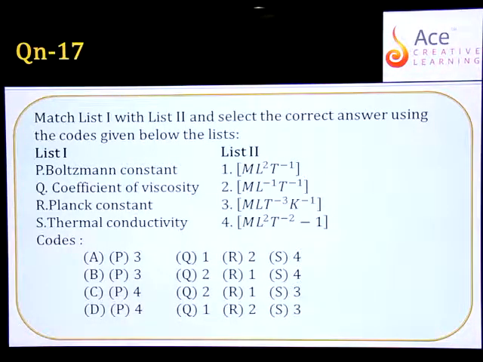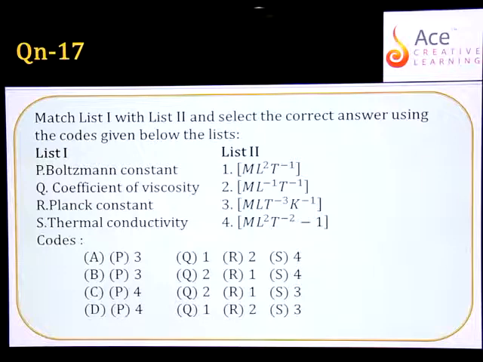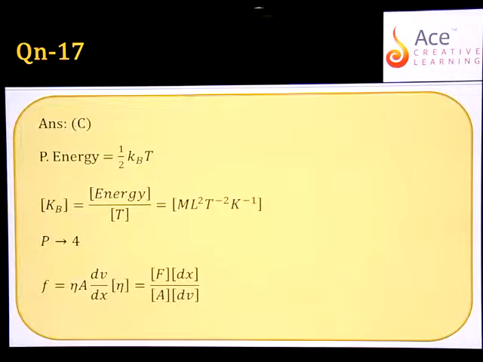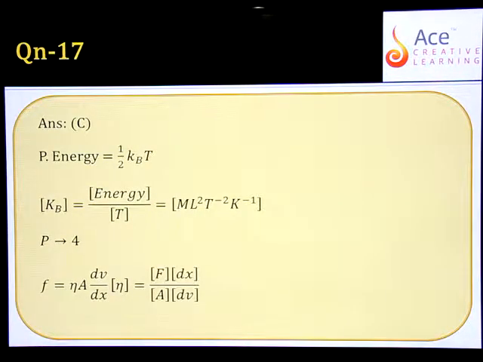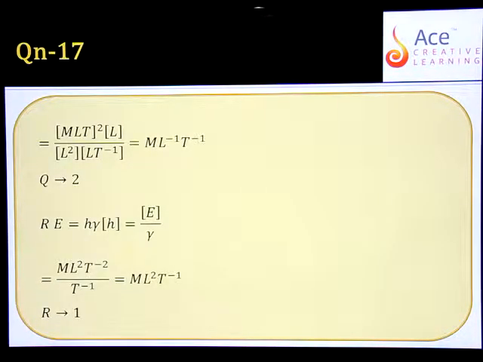Question number 17. We start the match the following type of questions. Here they have given you different physical quantities and asked their corresponding dimensions. The correct option is C. So first use the fact that energy is half kT and get the dimensions for the Boltzmann constant. Then use the definition for coefficient of viscosity as shown, and the dimensions turn out to be M L inverse T inverse.